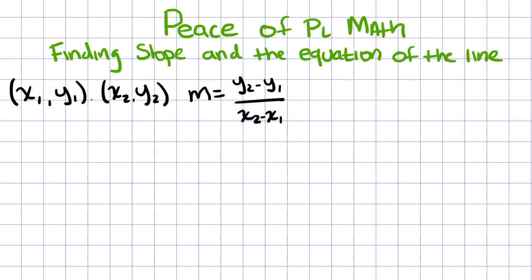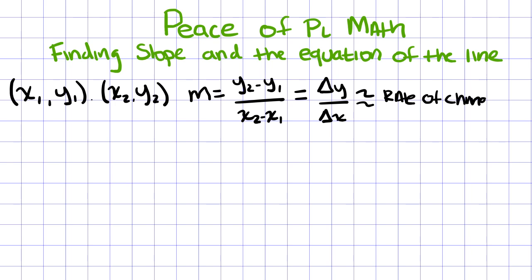This is also sometimes referred to as rate of change, or you'll also see it denoted as change in y over change in x using the Greek symbol delta, so delta y over delta x, often denoted as rate of change.